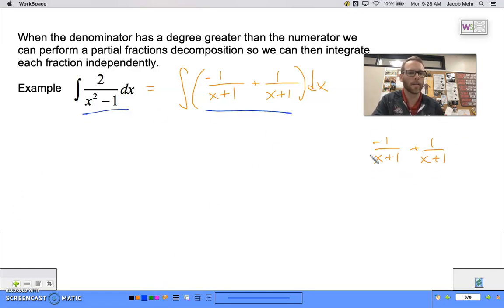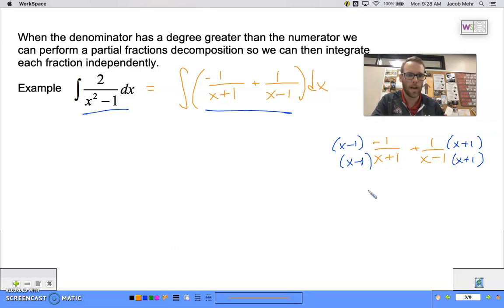So if I want to add these together, I know I need to get a common denominator. Oops. Mistake. That's a minus. I even looked at my paper to check and I still wrote it down wrong. That's a minus. All right, so let's see that these really are the same. Well, to get a common denominator, I need to multiply this by an x plus 1 over x plus 1, and I need to multiply this by x minus 1 over x minus 1.